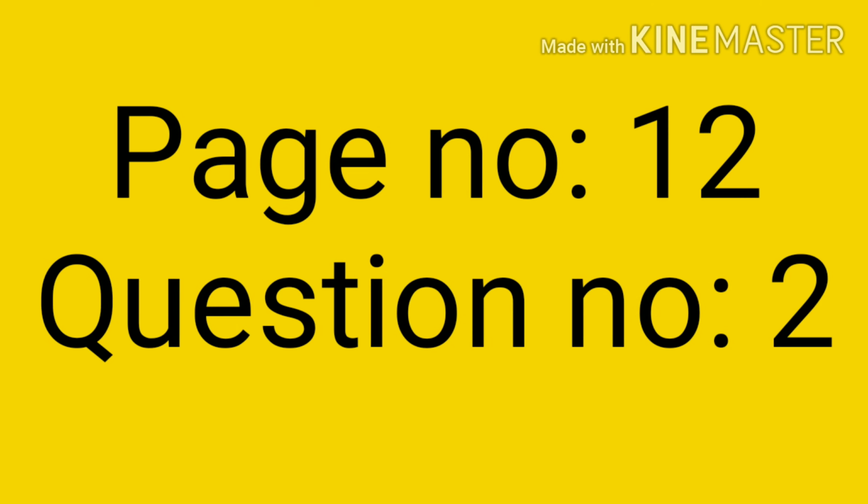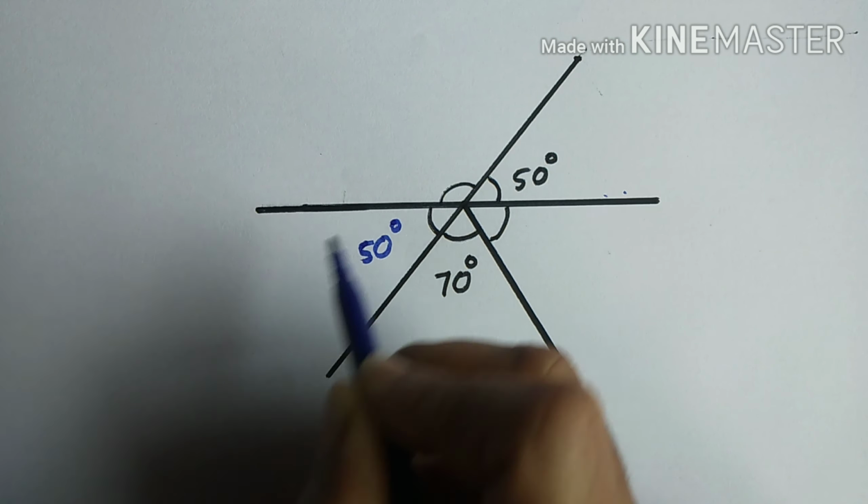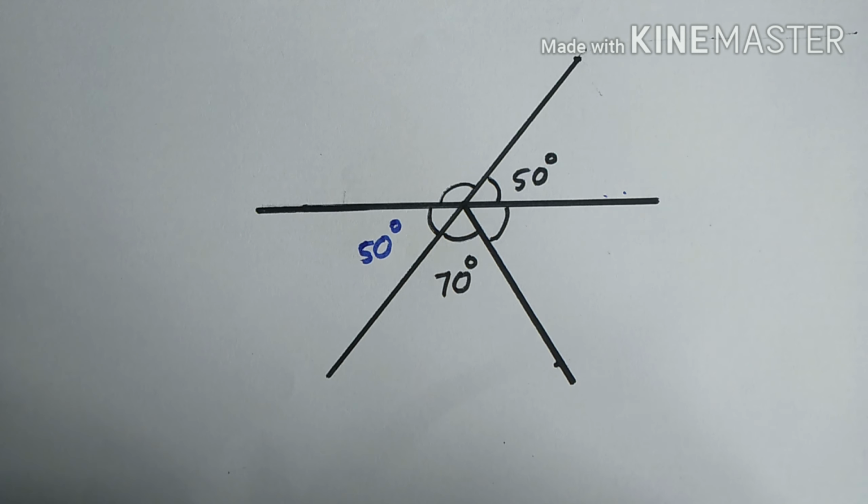We know that opposite angles, vertically opposite angles are equal. Here, this line and this line, the two straight line intersect each other and we got two vertically opposite angle. That is, here it is 50 degree, so we can write here this is also 50 degree since it is vertically opposite angles.